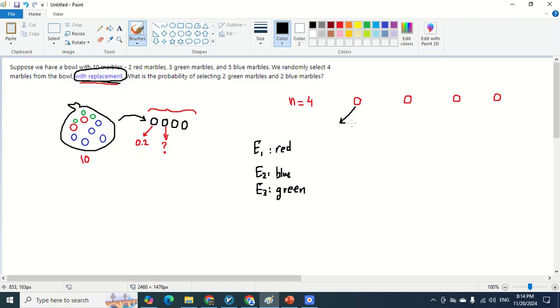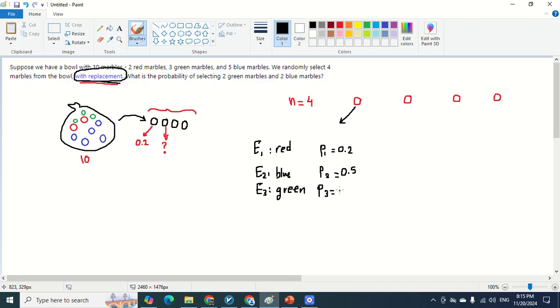If the replacement happens, then P1, the probability of getting red, as we calculated before, is equal to 0.2. The probability of getting blue, let us denote it by P2, is equal to 5 cases out of 10, which is 0.5, and the remaining P3 is equal to 0.3.